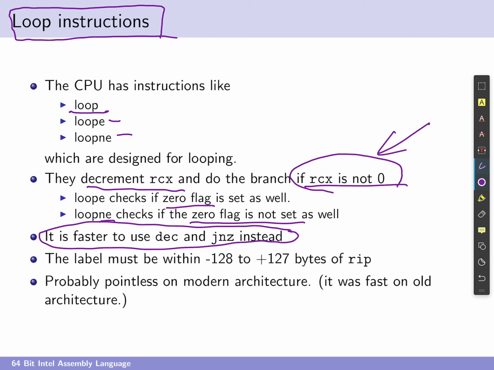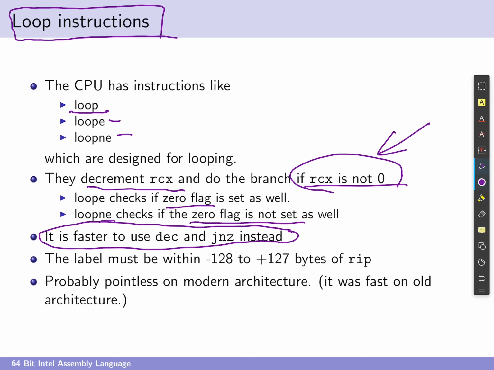However, on modern architectures, it's basically microcoded, meaning that it is implemented using other instructions, and it's actually not fast. So in modern assembler, you won't ever use loop. It's good to understand how it works, obviously, but if you're writing new assembler from scratch for some reason, you should be advised to not use loop because it's actually a slower way of doing looping than just manually using compares and conditional jumps.